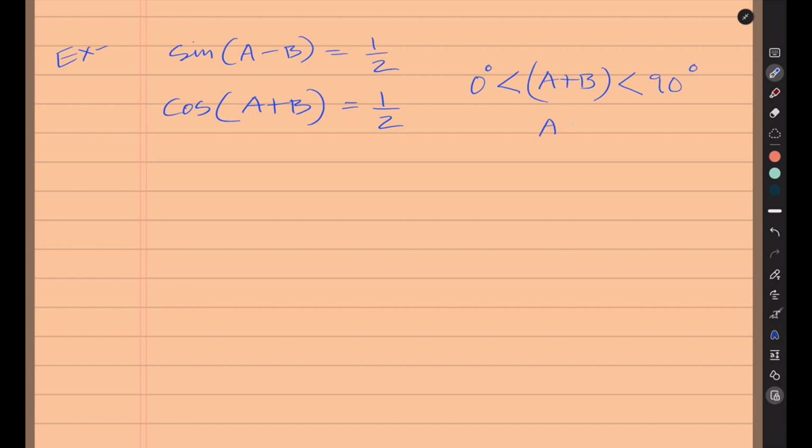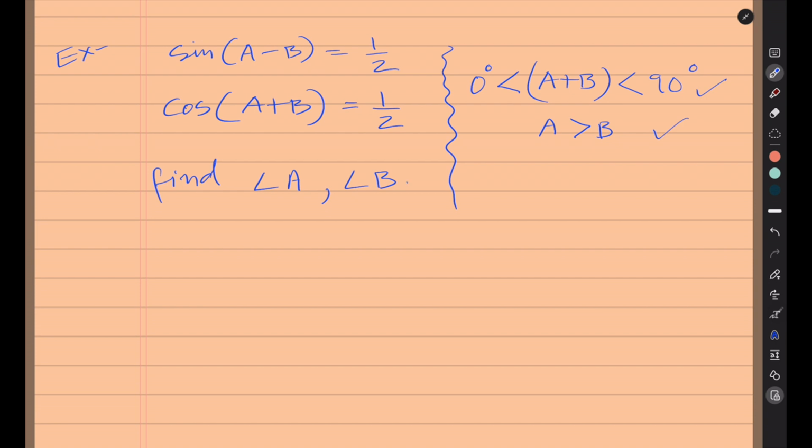And another condition which is given is that A is greater than B. So basically these are the conditions given about the angles A and B. And the question is, find angle A and angle B.